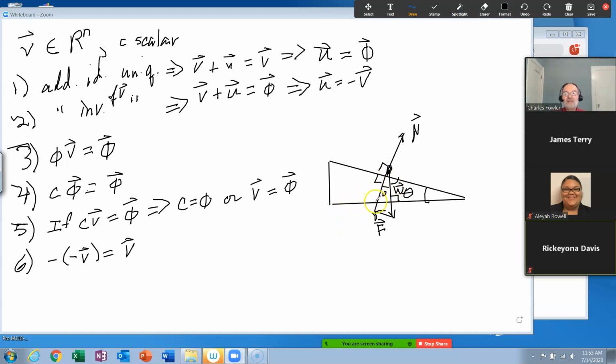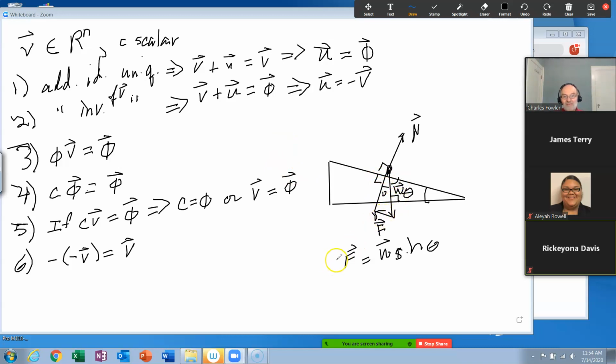And what they said is to verify that this force here, F, is equal to the weight times the sine of theta. Goodness, this is not writing well at all. Well, of course, the sine of theta, if this angle is indeed theta here, the sine of the angle is the opposite over the hypotenuse.